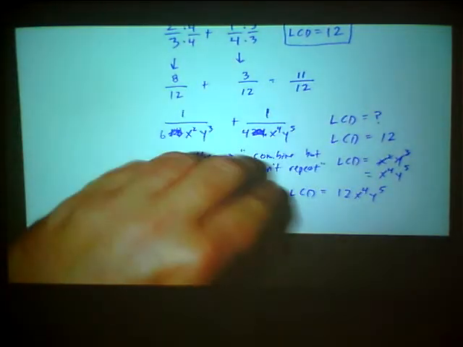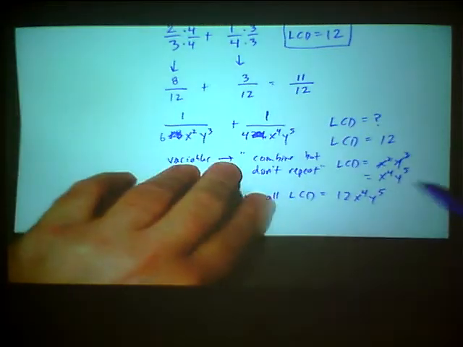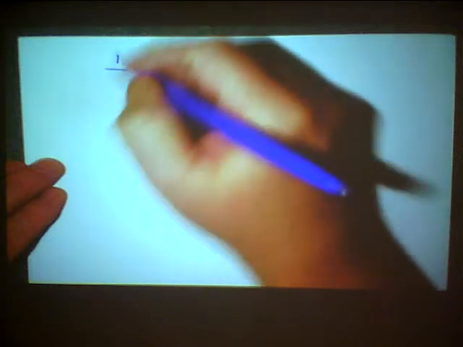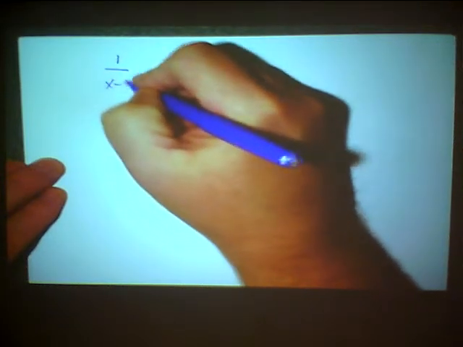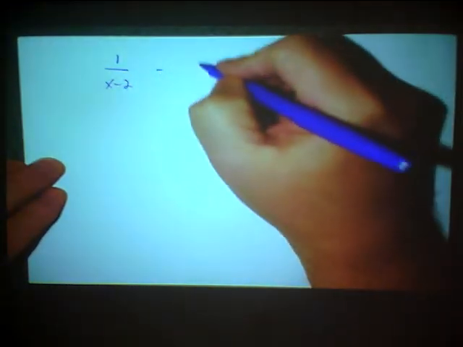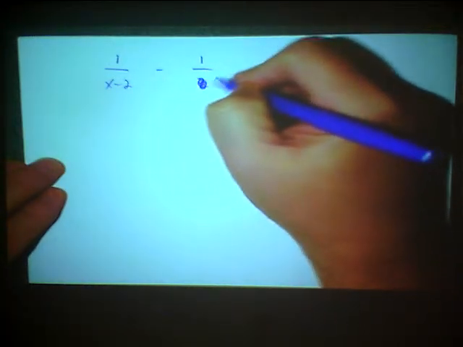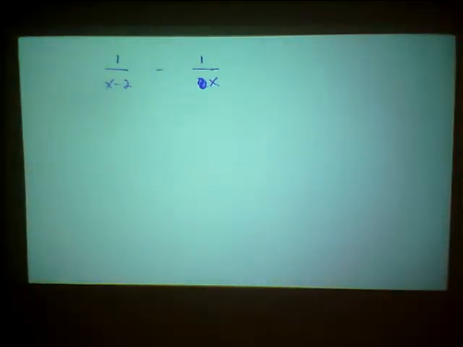Let me do a few more examples. This is sort of a unique example. Let me do some more, and I think as I do more of these examples, you'll pick it up. Here's a different kind of problem. So you had something like this: 1 over x minus 2 minus 1 over x.